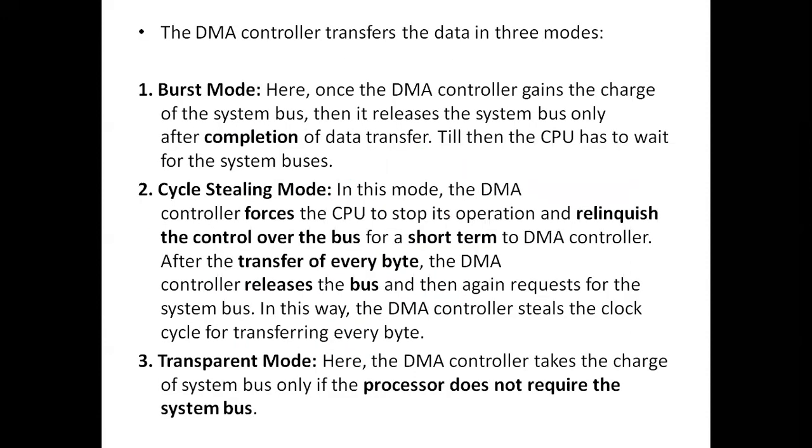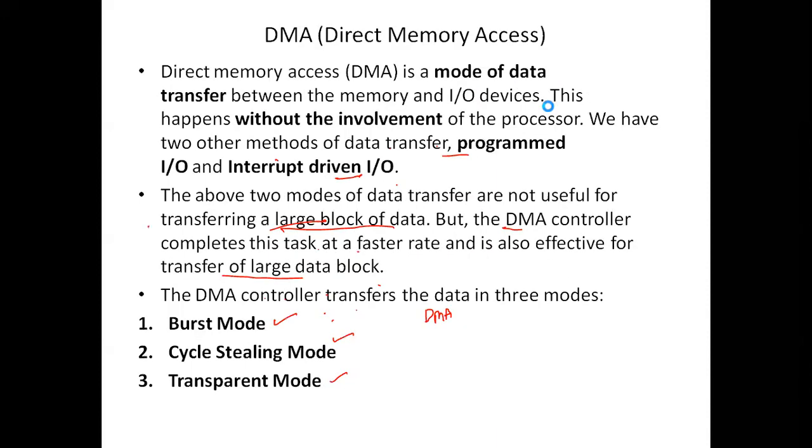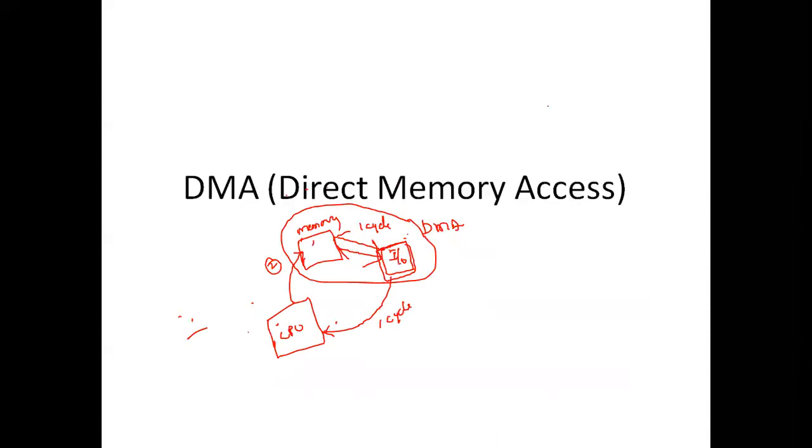So what do you mean by burst mode? Here, as I have said before, we are not going to involve the CPU. So the CPU will be there, memory will be there, and the IO devices are there.